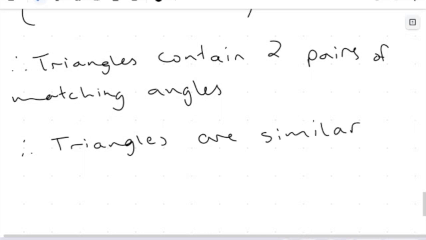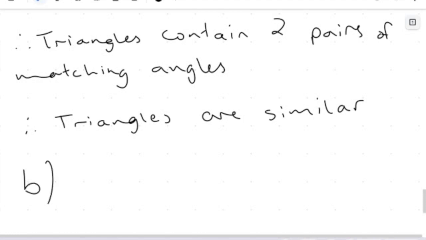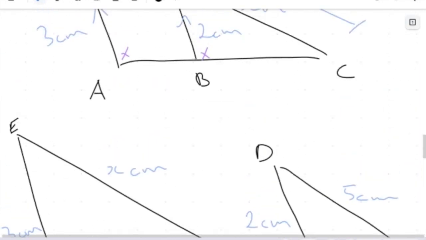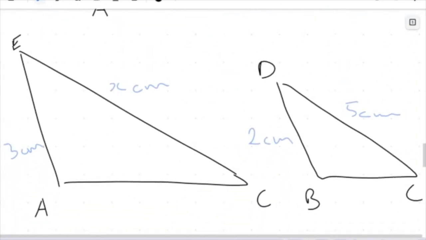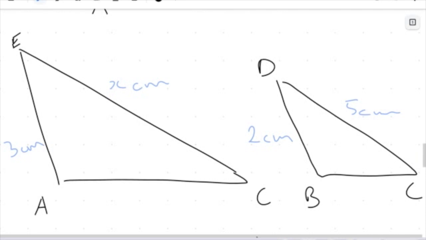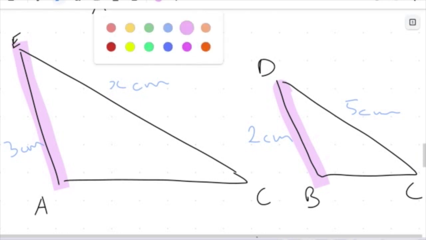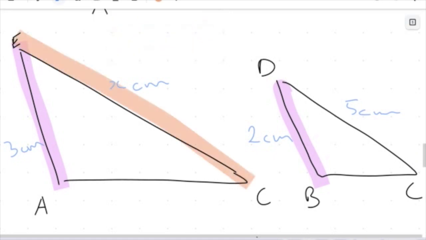Fantastic. Okay, now that we know they're similar, we can do part B, which is to find the value of x. Now, I know these are similar, so that means that the scale factor between this line and this line is the same as the scale factor between this line and this line.